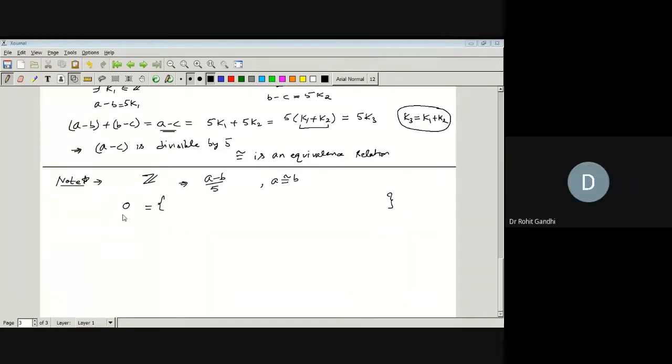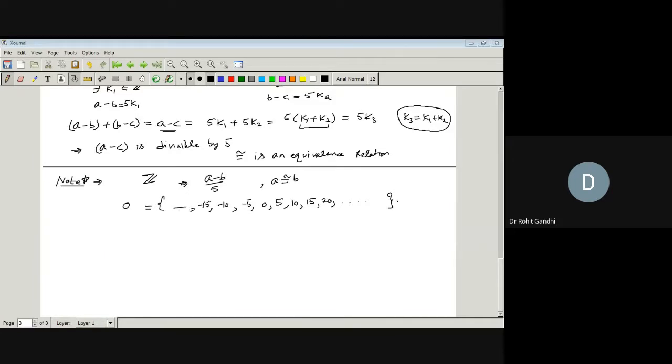What are the elements which are related with 0? Yes, sir: 0, 5, 10, 15, and so on. That is, if m is an integer, the elements like 5m, or in negative also, -5, -10, -15, and so on.